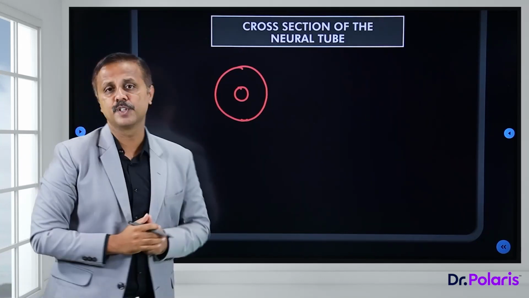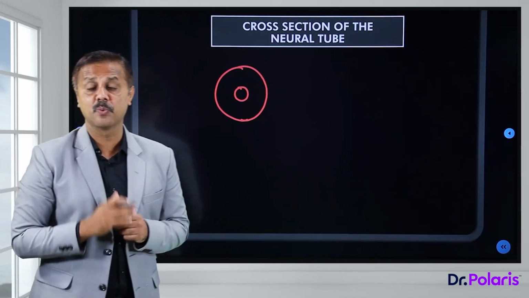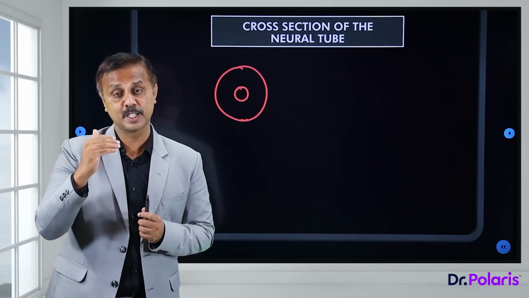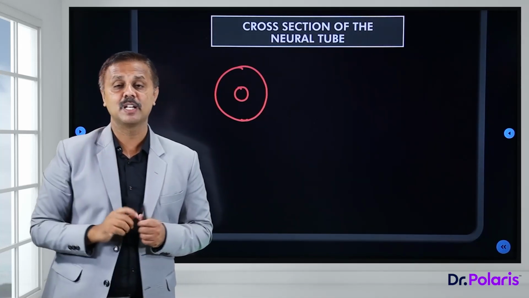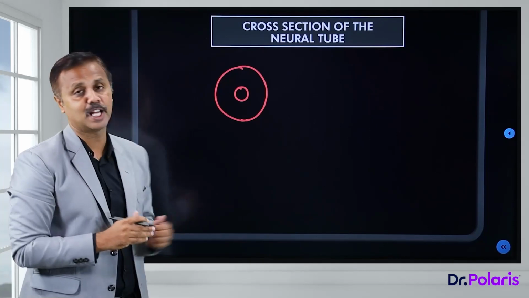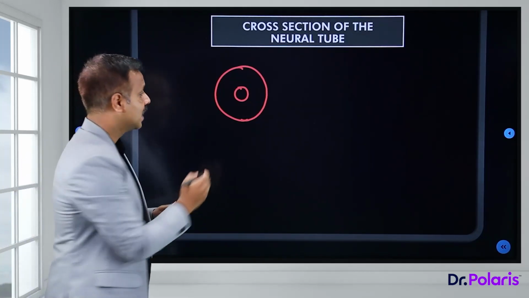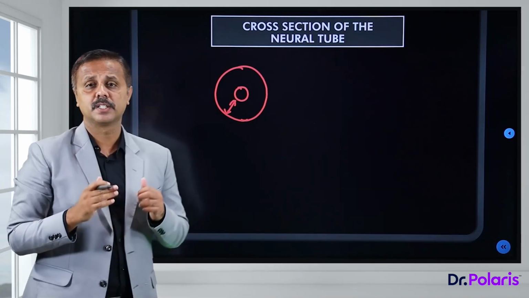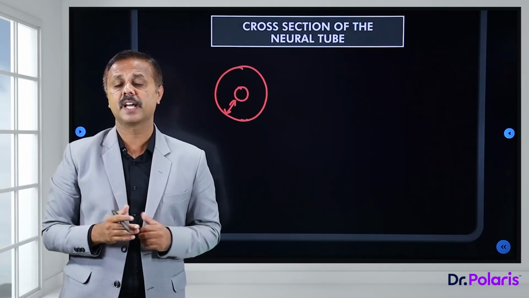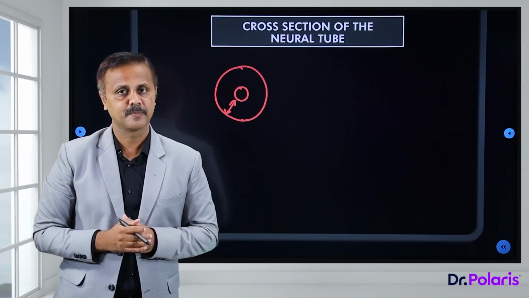The lumen of the neural tube will ultimately give rise to the ventricles of the brain. When we talk about the spinal cord, it persists as the central canal of the spinal cord. Whereas the wall of the neural tube is the one which will give rise to the nuclei and the different tracts arising from them. Fine.